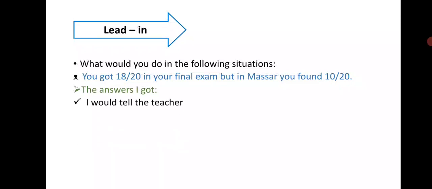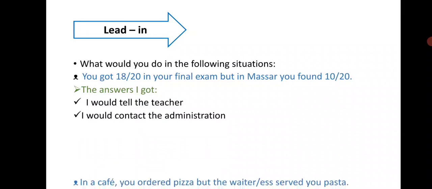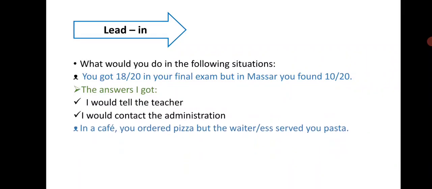Some students say that they would tell the teacher. Others said that they would contact the administration. Fine. And then I moved to the other situation, and it was like this. In a cafe, you ordered pizza, but the waiter or the waitress served you pasta. What would you do?